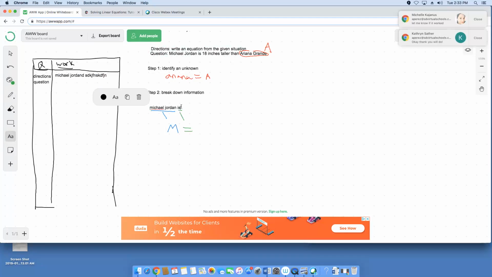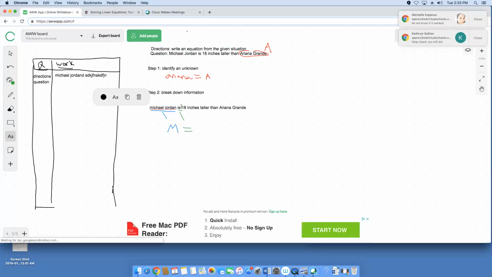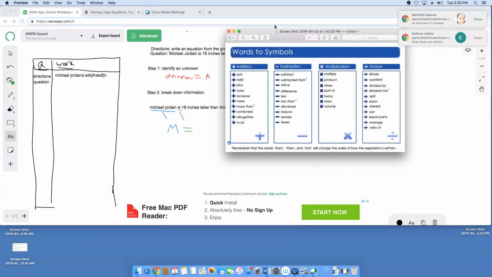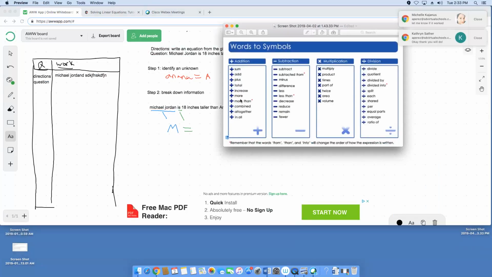Is 18 inches taller than Ariana Grande. Okay. 18 inches taller than. So if we go back to that sheet, there's not a taller than there, but there is a more than, right? Taller than, more than. So the operation that we're going to be using is addition, plus.